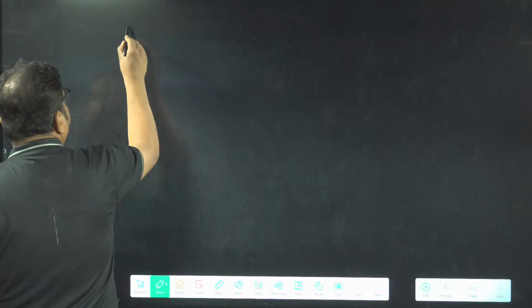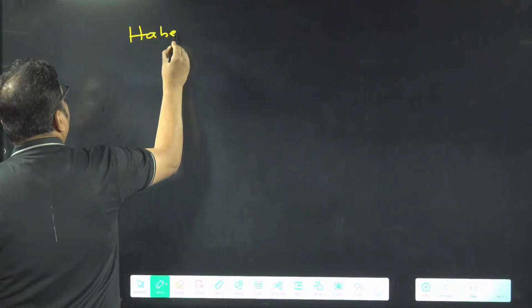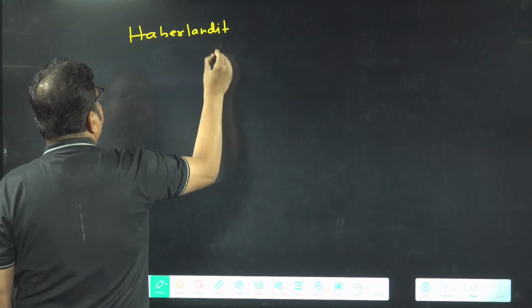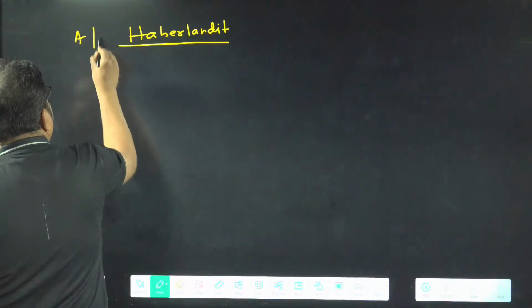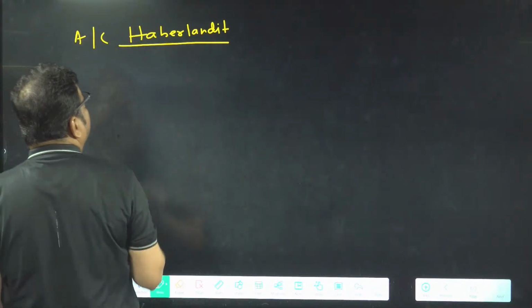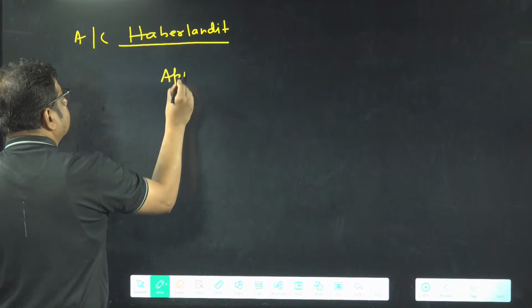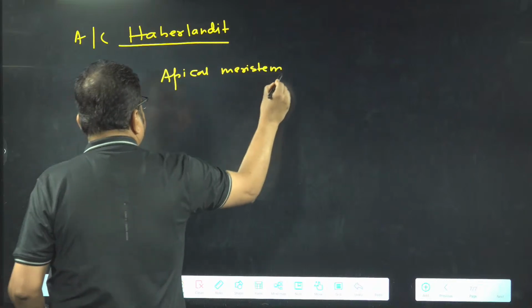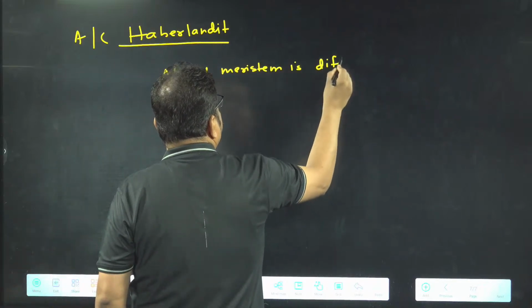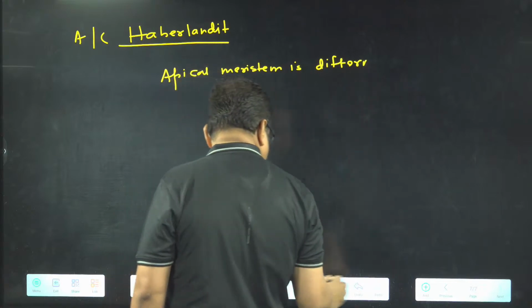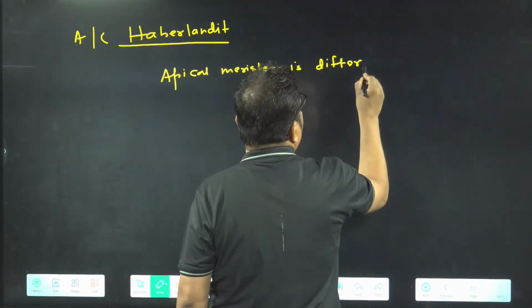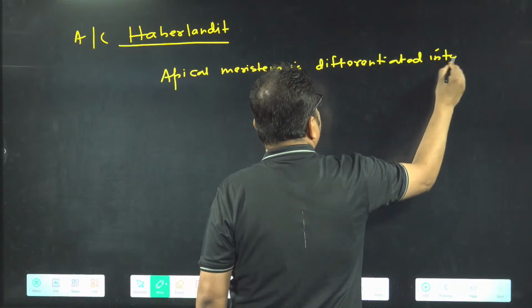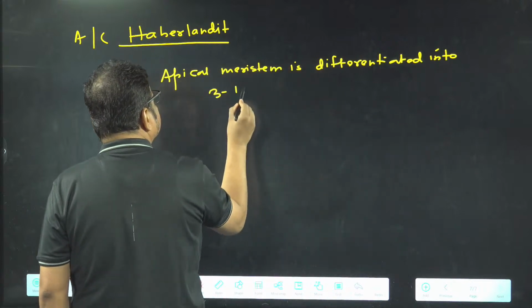So Haberlandt, according to Haberlandt, apical meristem is differentiated into 3 layers.